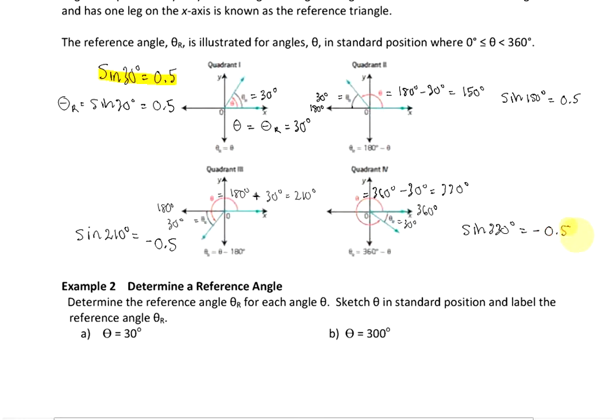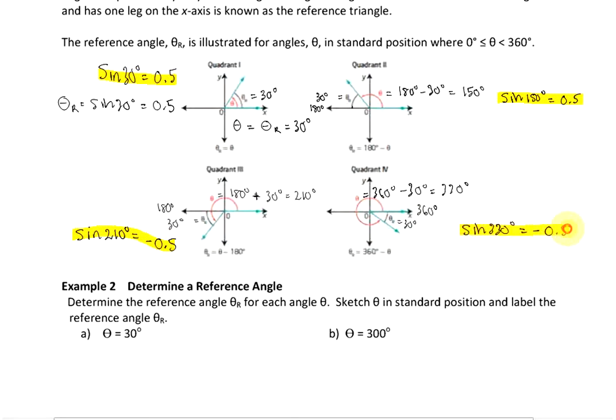All right, so take a look. Our reference angle is 30 degrees. It has a ratio of 0.5. Our angle in the second quadrant, which has a reference angle of 30 degrees, is also 0.5. Our third quadrant angle that has a reference angle of 30 degrees is 0.5, but negative this time.